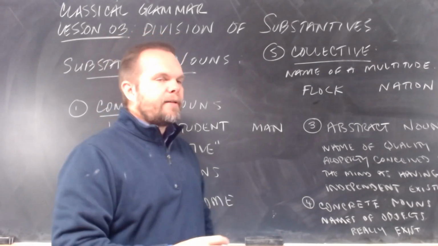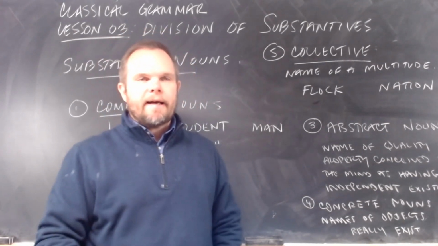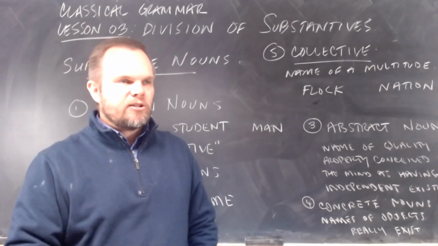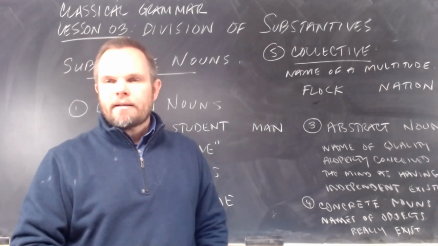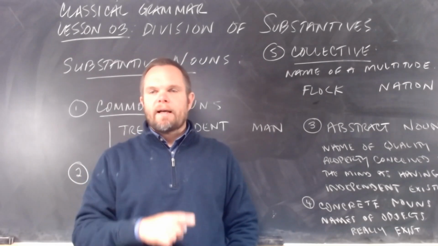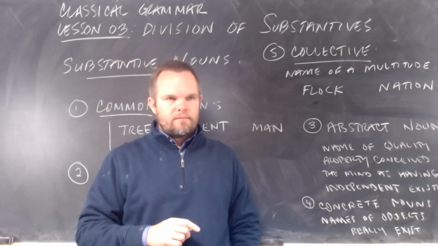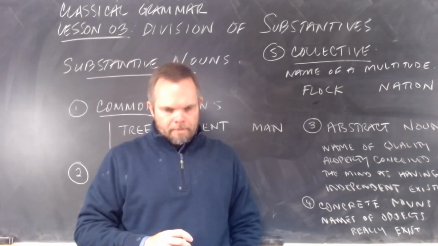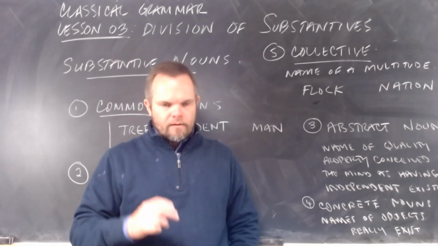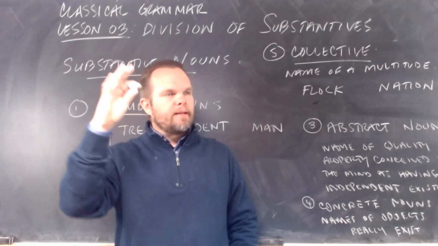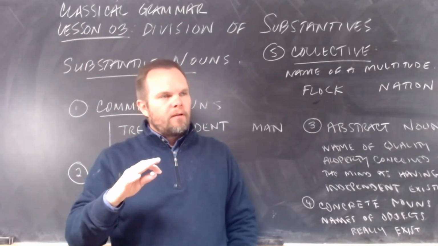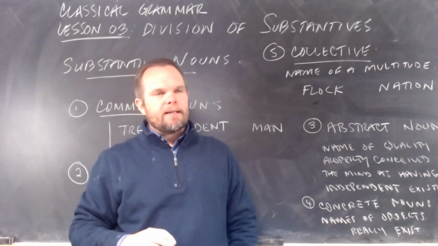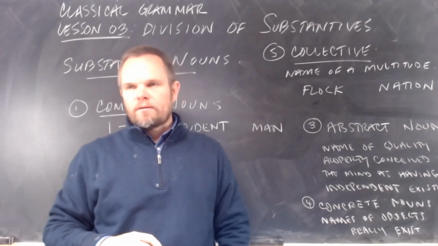So a collective substantive noun is the name of a thing that can exist by itself that names a multitude as a whole. You got that? Collective noun. When we think about that group and we name it with a collective noun, we think about the group as one whole.